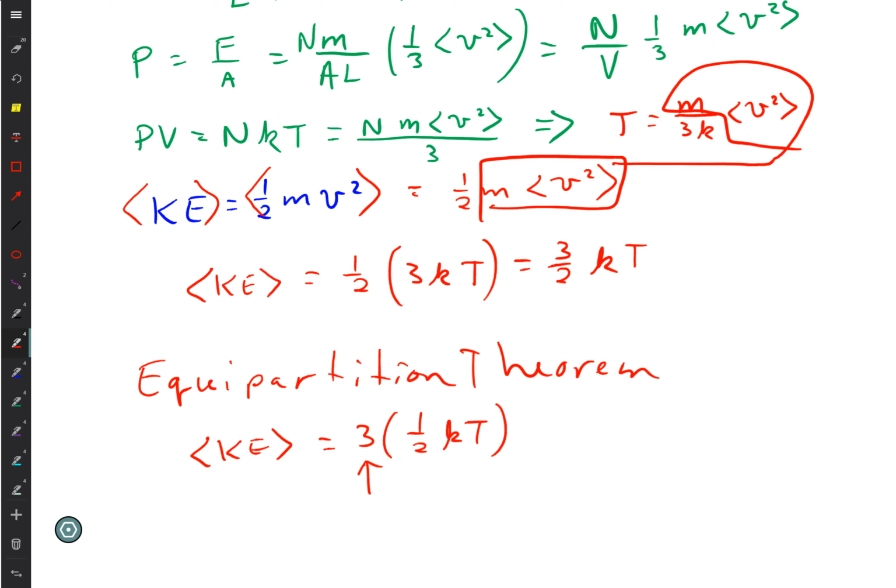There's no energy rotating like this because the masses don't have any distance away, so the moment of inertia is 0. So there's also 2 rotational degrees of freedom. So if you get up to the highest temperatures for a diatomic molecule, you have 7 degrees of freedom, 3 for translation, 2 for rotation, and 2 for vibration. And so it becomes 7/2 kT because you put it in 7 ways.